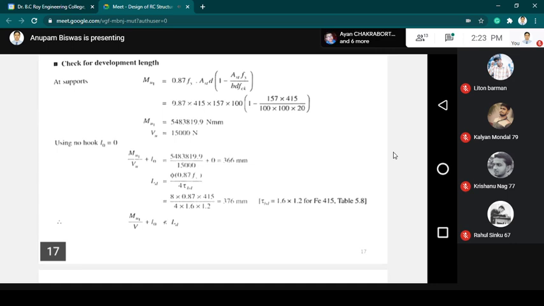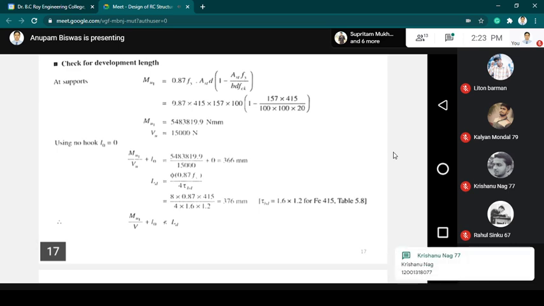Now next is the development length formula, LD, that is phi into 0.87 fy by 4 tau bd. So by substituting all the values, you can obtain the value for development length, that is 376.